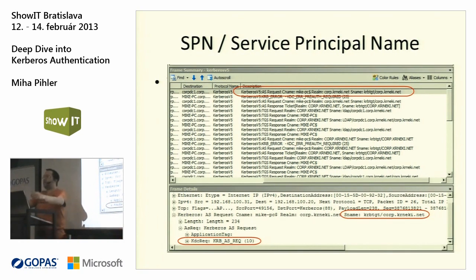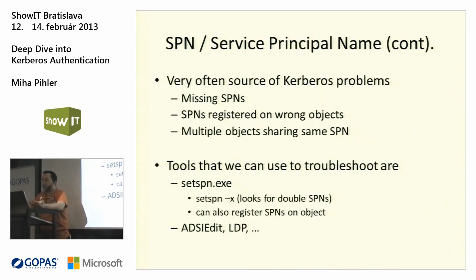Whenever I want to connect to a server, I have to specify the SPN that I'm looking for. And as far as I'm concerned, this is one of the most important parts of Kerberos as far as system admins go, because this is where I find most of the problems when I'm trying to troubleshoot Kerberos.